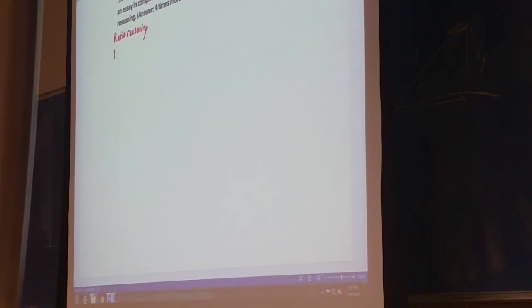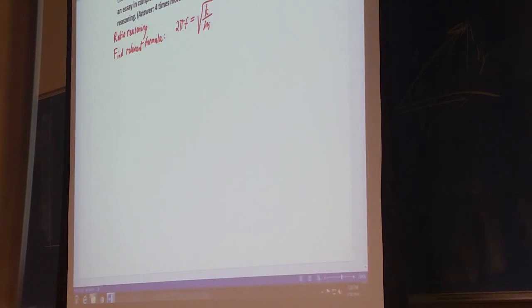So the first thing that we have to do in ratio reasoning is find the relevant formula. And what would be a useful formula for this case? 2 pi f is equal to the square root of k over m.